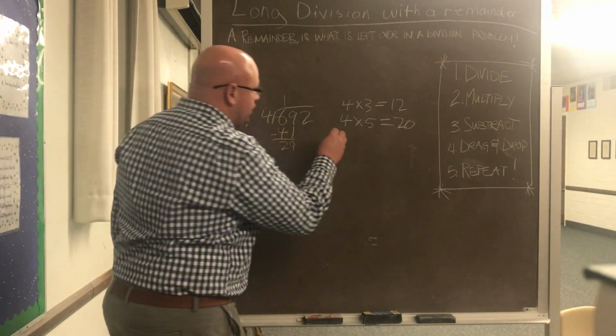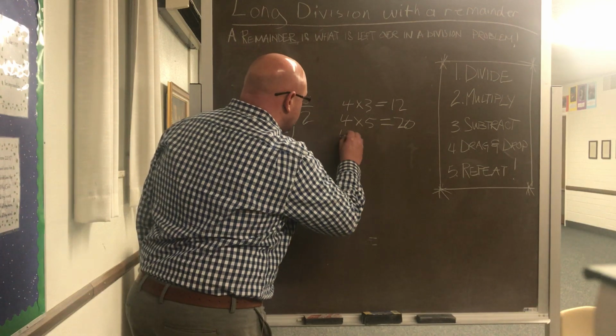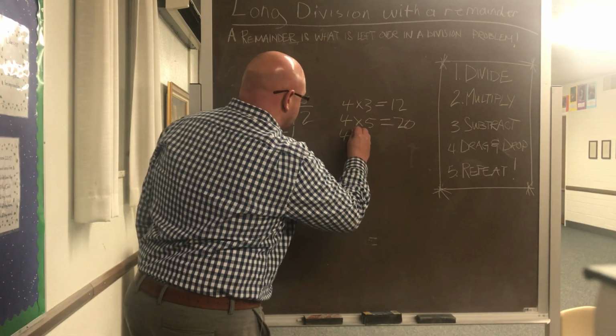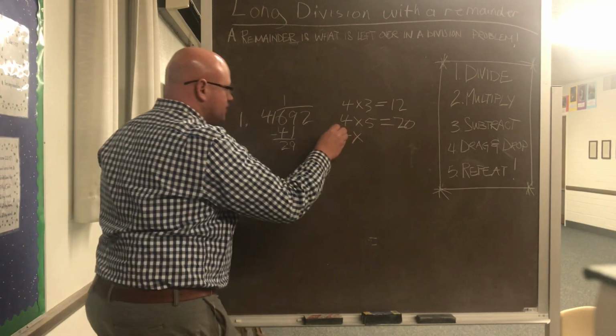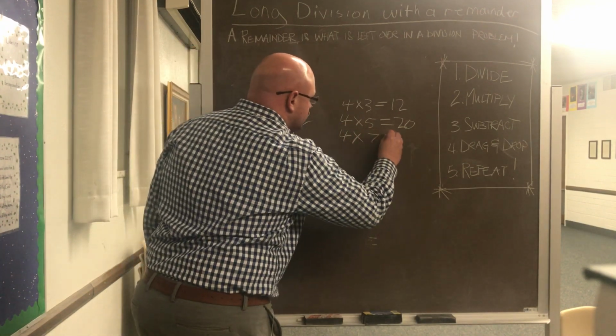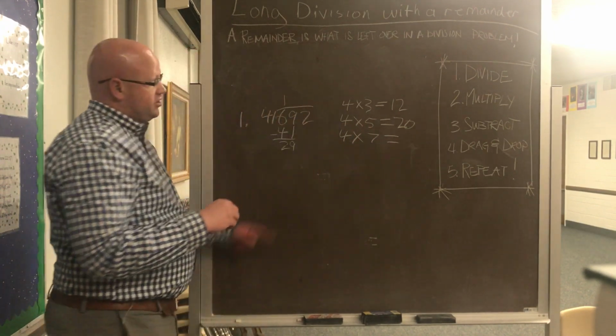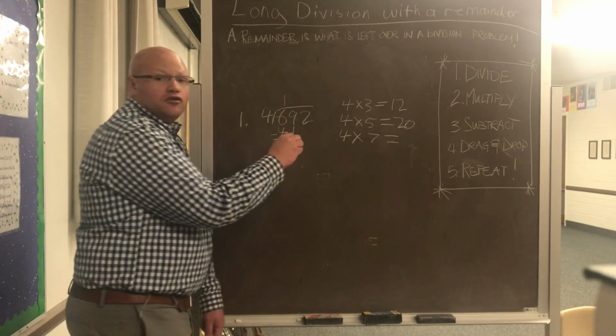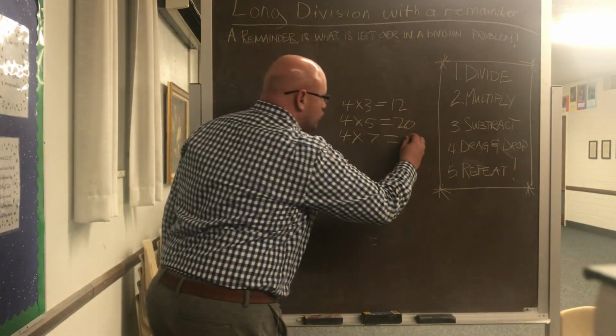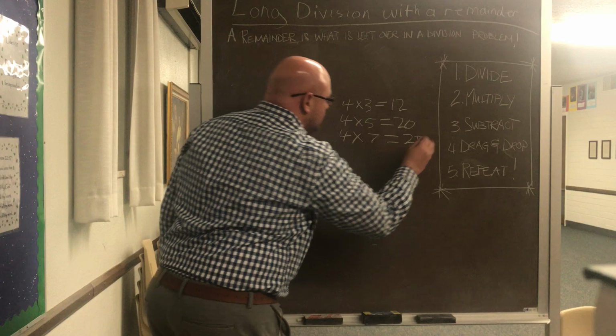So let's try 4 times 7. And let's see what that gives us. 4 times 7 equals 28.